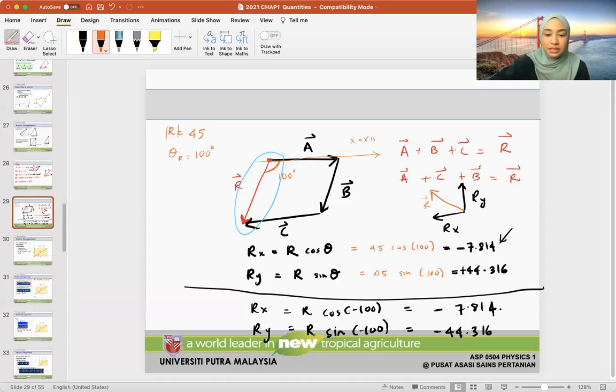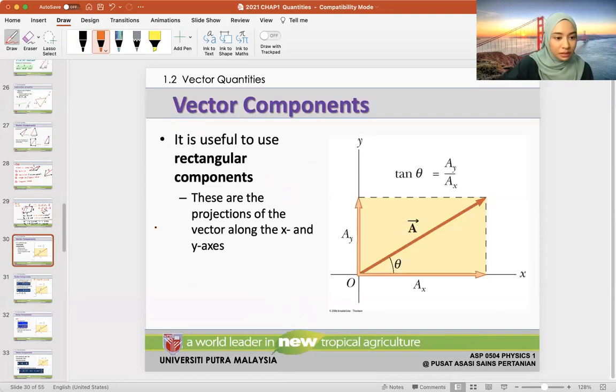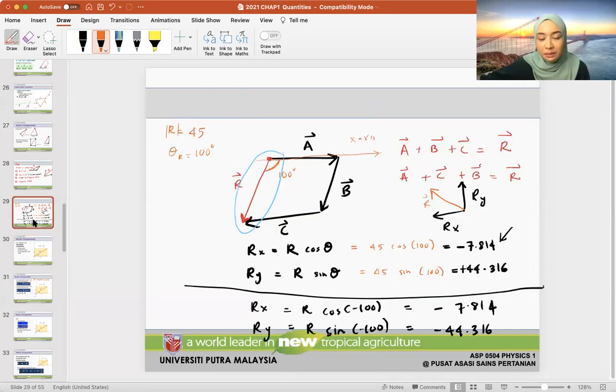So let's see for the second case. Oops, sorry. Bear with me, the explanation is a bit long here. We need to understand the direction. So what about this one? With negative 100, I get a negative x component. So negative x component, let's just plot for that.